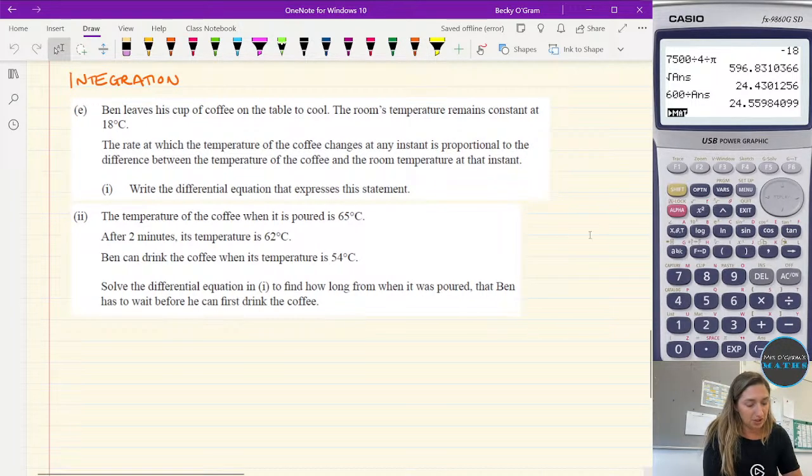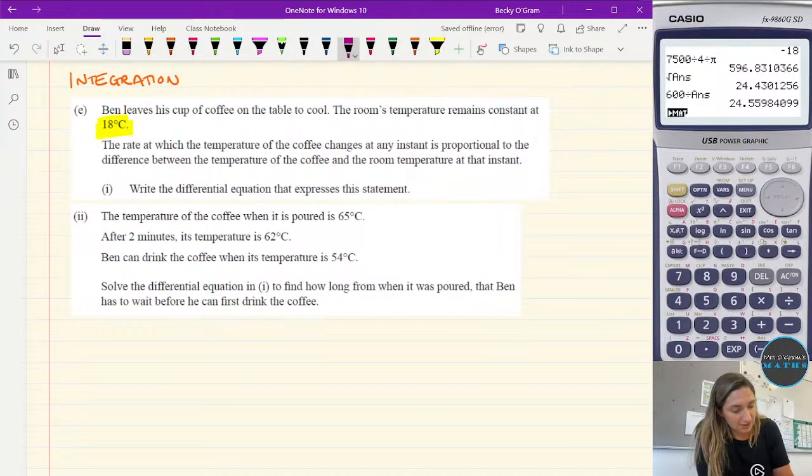Okay, so the first part is we want to write down a differential equation to express the sentiment that's being given here. So let's just go through that. We've got the room's temperature remains constant at 18 degrees. So that means that the ambient temperature is 18. So I do that as T with a little suffix of A. The rate at which the temperature of the coffee changes at any instant is proportional to the difference between the temperature of the coffee and the room at that instant.